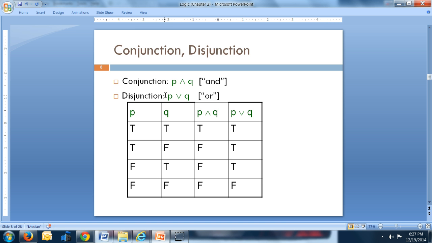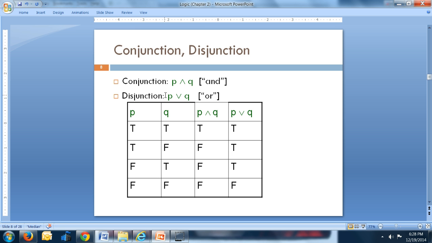It is false in the other 3 cases, when P is true and Q is false, or P is false and Q is true, or if both of them are false, then it is false. That's for the and. It is only true when both of them are true.